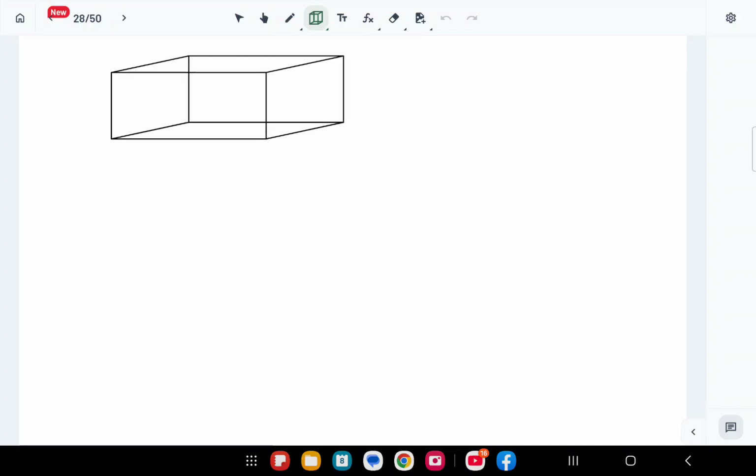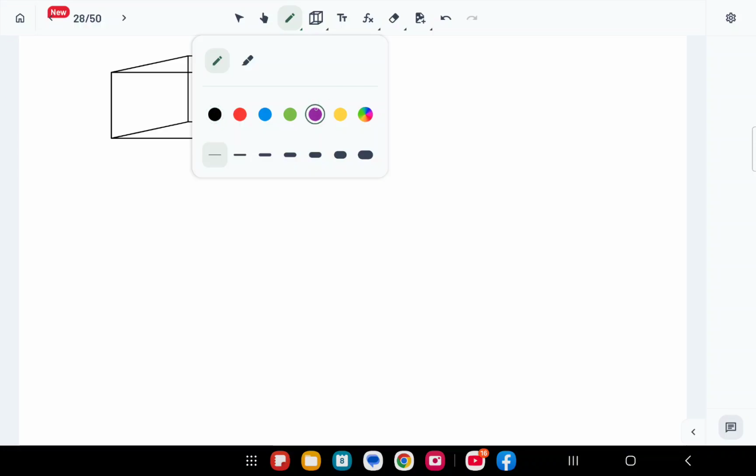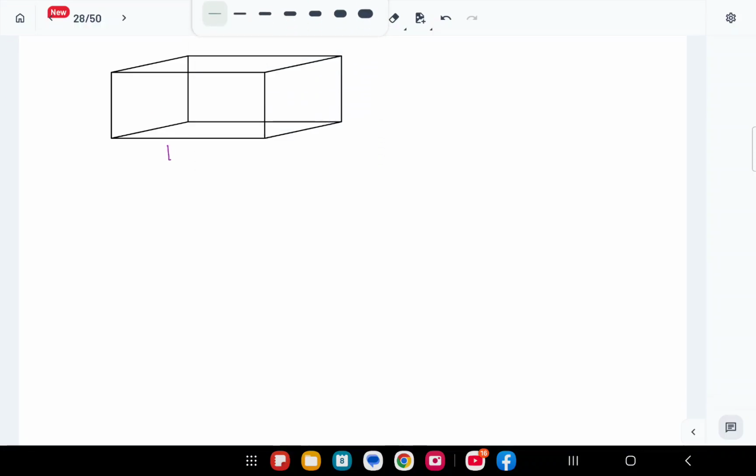So if they give us now the volume, so let's say we have our cuboid. Alright, we have our cuboid. They give you the volume, they give you the width, and they give you the height, but they did not give you the length, and you need to solve for the length.